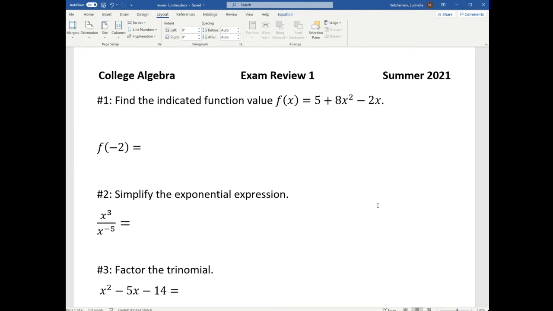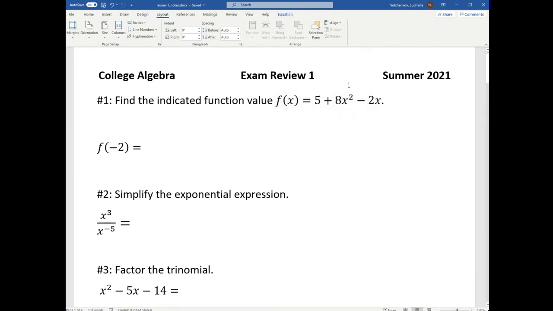Okay. So the first question asks you to substitute a value of independent variable. So you are given a quadratic function, and we want to find, so f of x equals 5 plus 8x squared minus 2x, and we want to find f of -2.